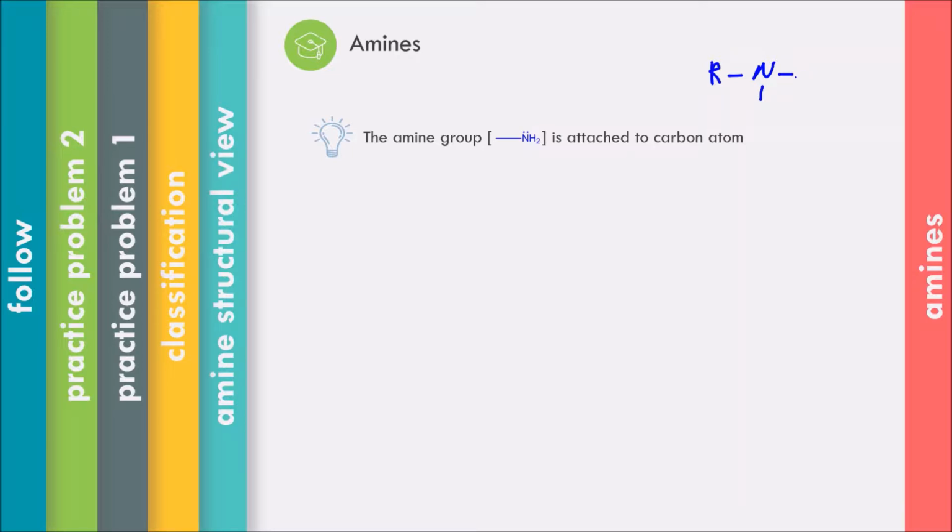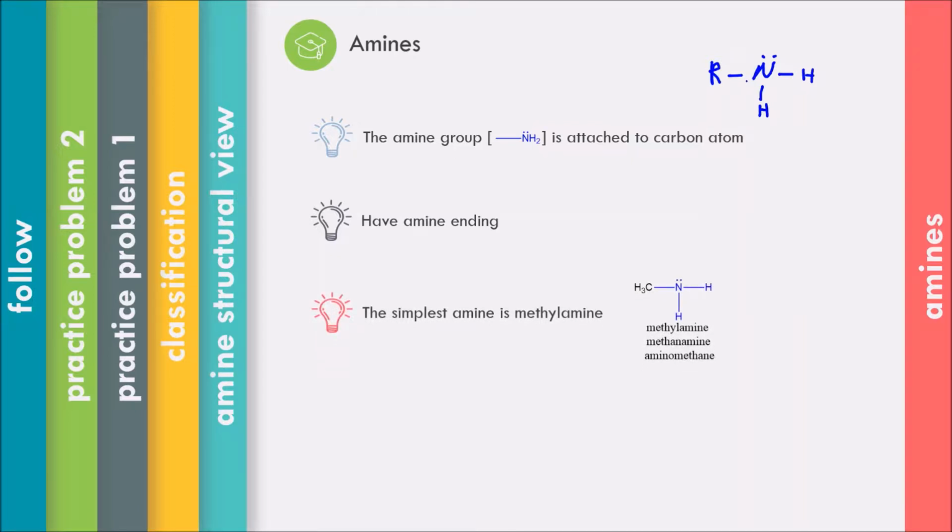For the basic amine group, we should just get hydrogen here, and also to make it stable, we put two electrons on top, one lone pair. For the naming, amines have an amine ending. The simplest amine is methylamine.